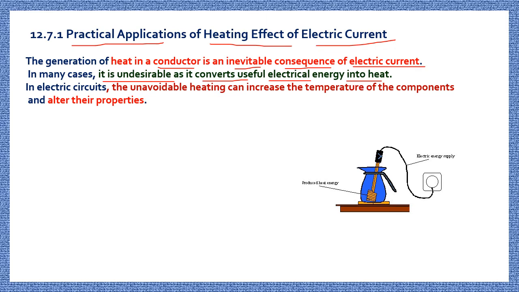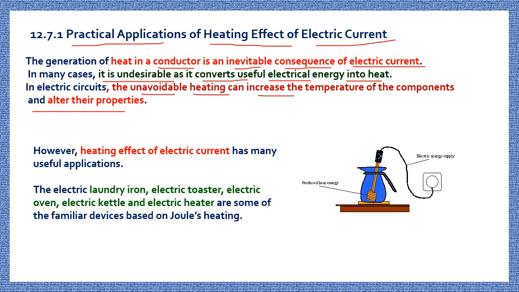In some electric circuits, the unavoidable heating can increase the temperature of the components and that can change their properties. So as I told you, if we can use this heating effect of electric current, we can manufacture many useful equipments.